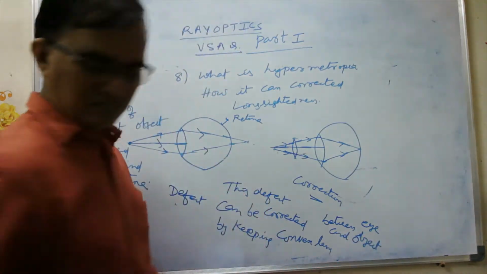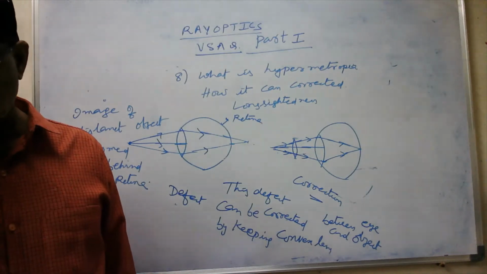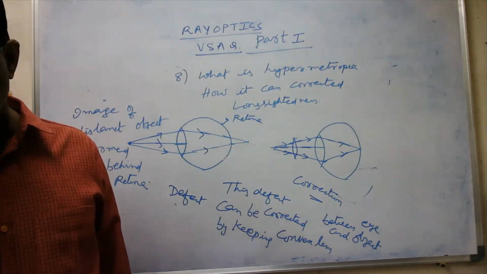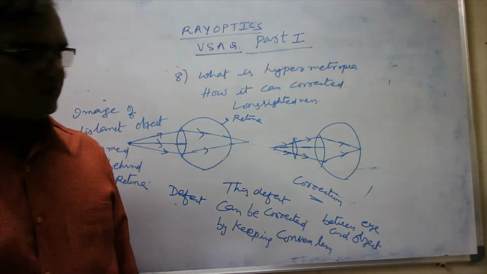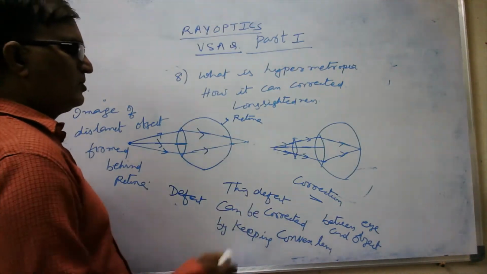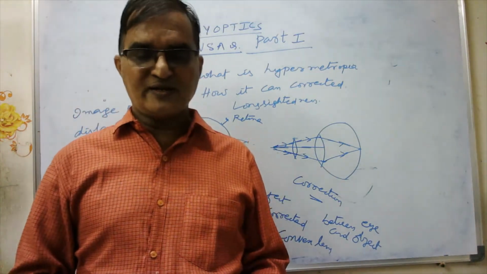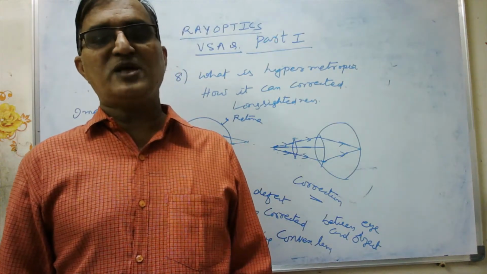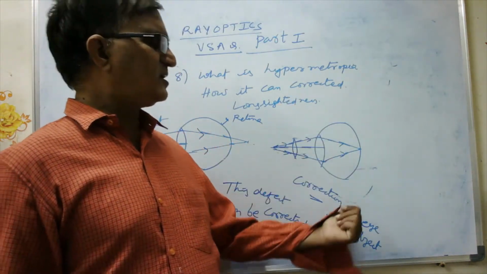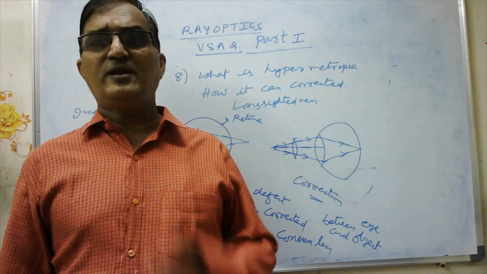By keeping it between the eye and the object, you can correct this defect by using a convex lens.